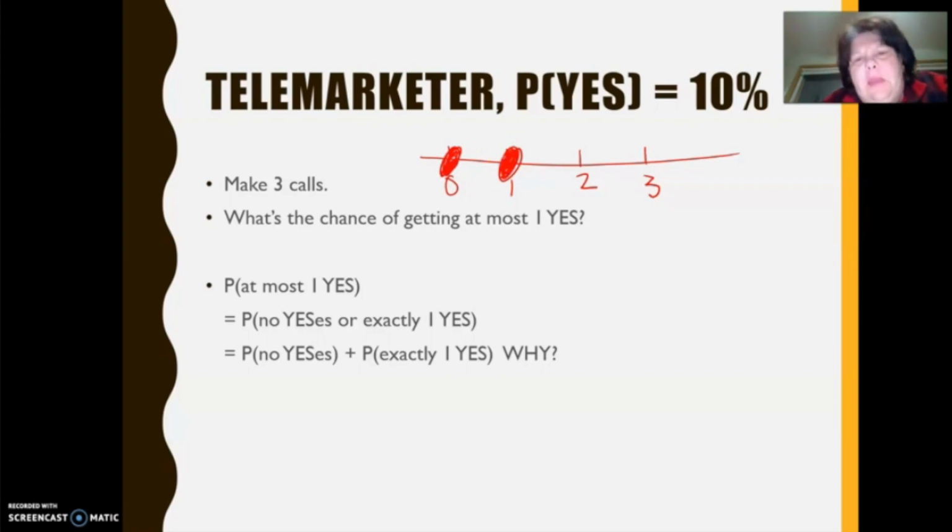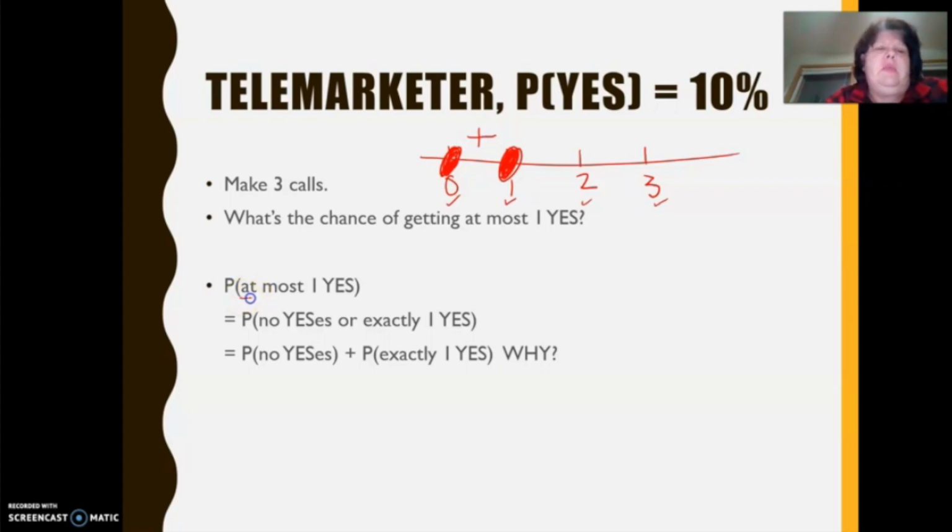Well, if you take the opposite of that, you're finding the probability of 2 or 3 yeses, which isn't any easier than finding the probability of 0 or 1. In fact, it's going to be easier to find 0 or 1 and add them together. Remember, if you find two things that are disjoint, you add their probabilities. So we're going to sum those 2 up.